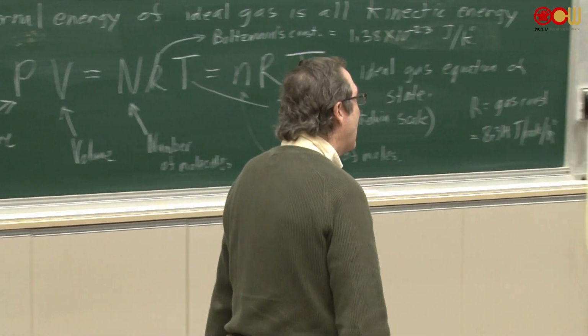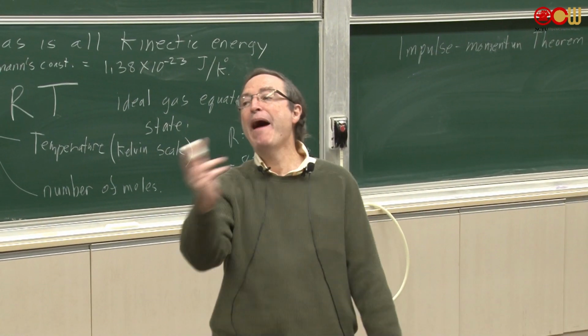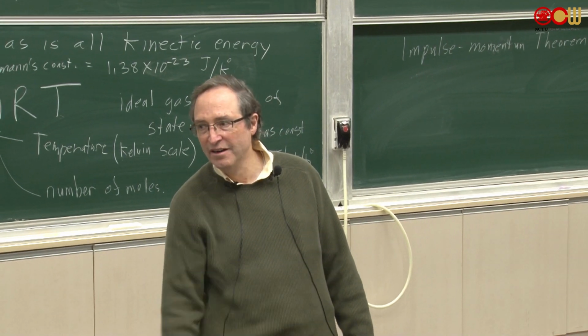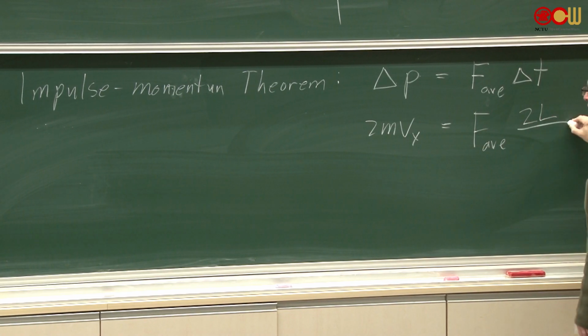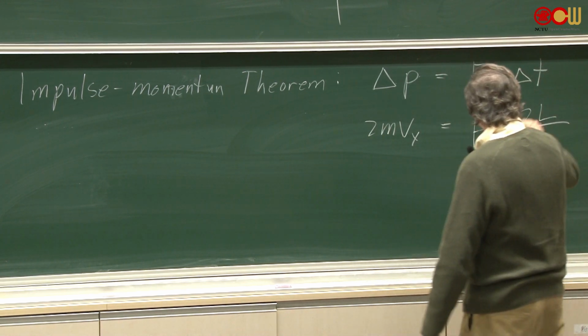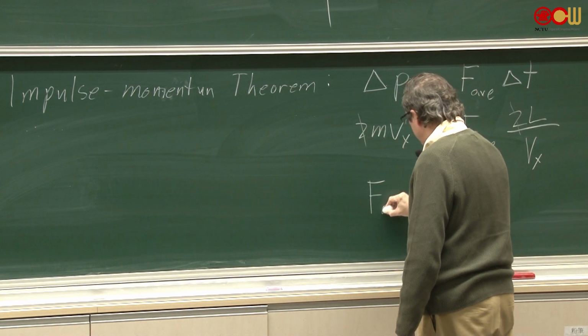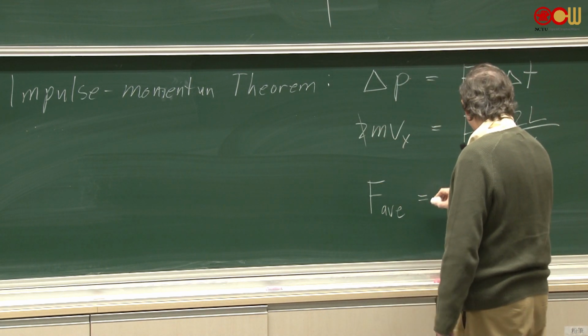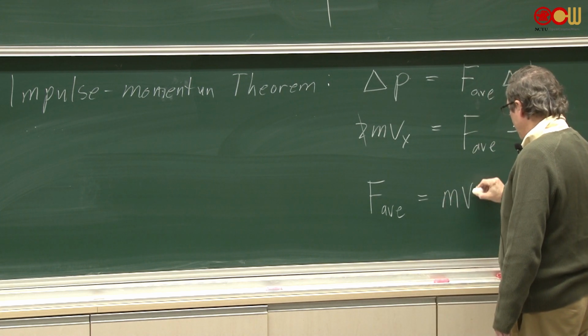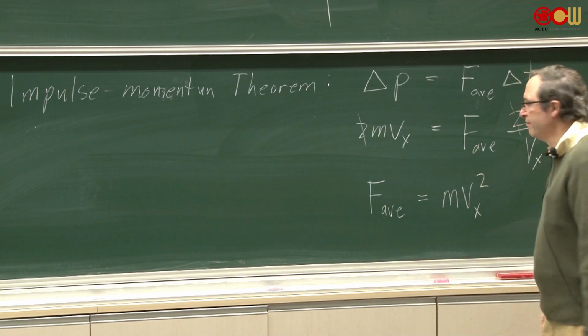L. How much time will it take to get back to the original wall? 2L divided by Vx. There we go. Very good. So the 2's cancel, and we have F av equals m Vx squared over L. Pretty good.